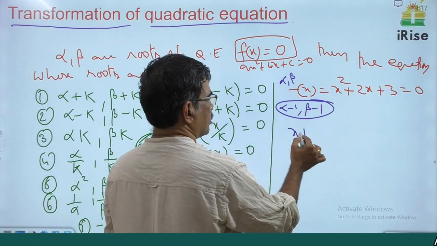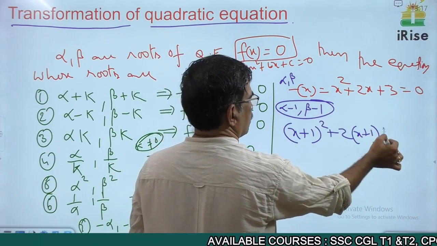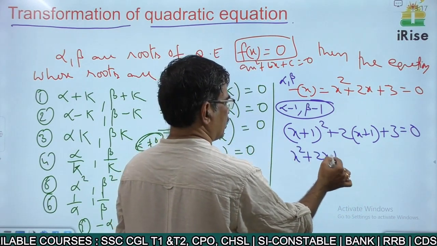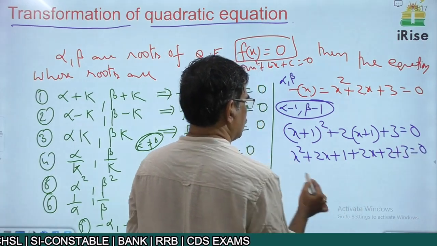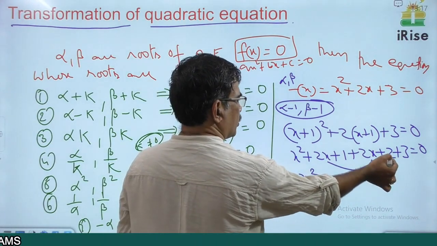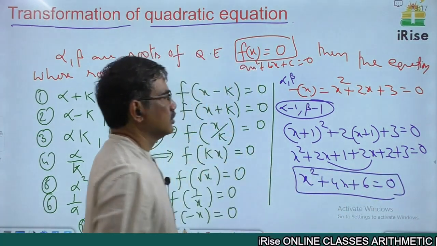Just x is replaced by x plus 1: x plus 1 whole square plus 2 into x plus 1 plus 3 is equal to 0. X square plus 2x plus 1 plus 2x plus 2 plus 3 is equal to 0. X square plus 4x plus 6 is equal to 0. This is the new equation.